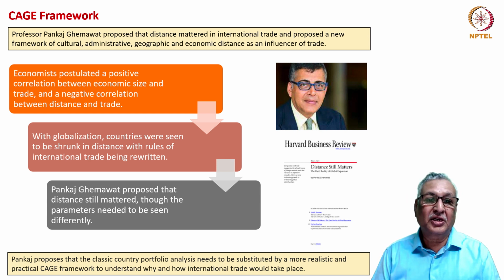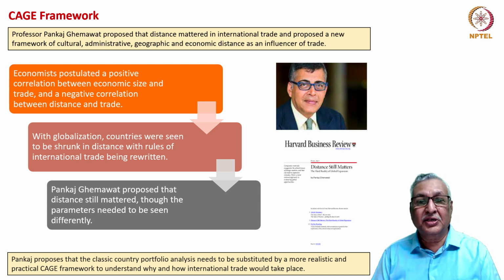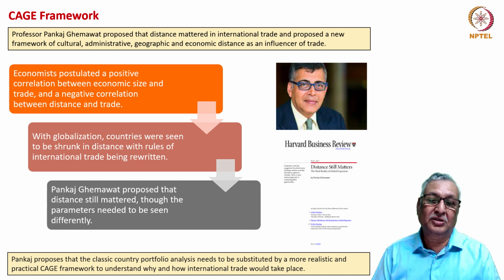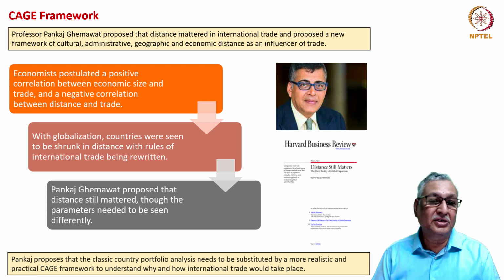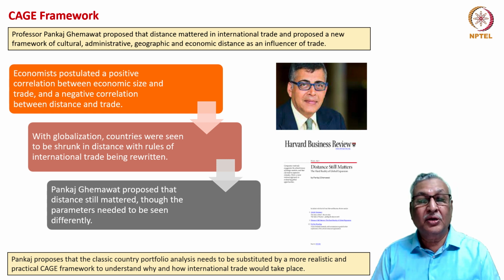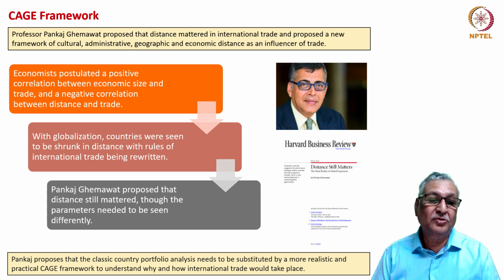Traditionally, economists stated that a positive correlation between the economic size and trade existed, and a negative correlation per contra existed between distance and trade. That is, the farther a country is from an exporting nation, the more difficult it is to trade with that nation. However, with globalization, countries were seen to be shrunk in distance, with rules of international trade being rewritten.